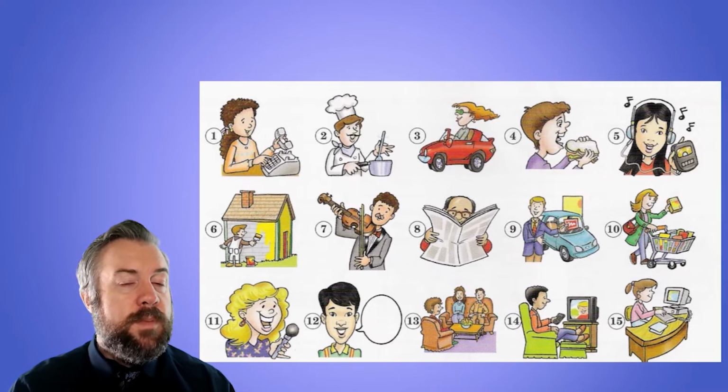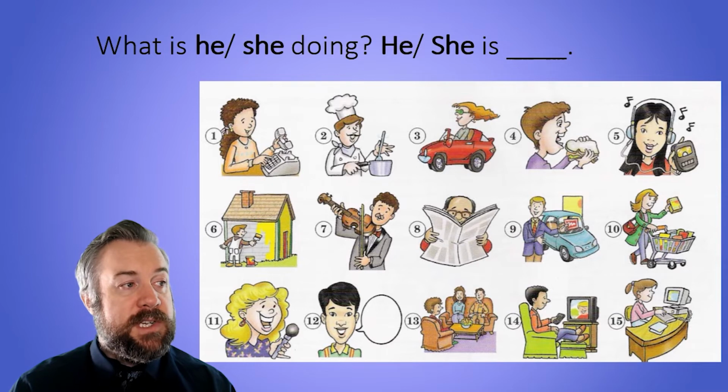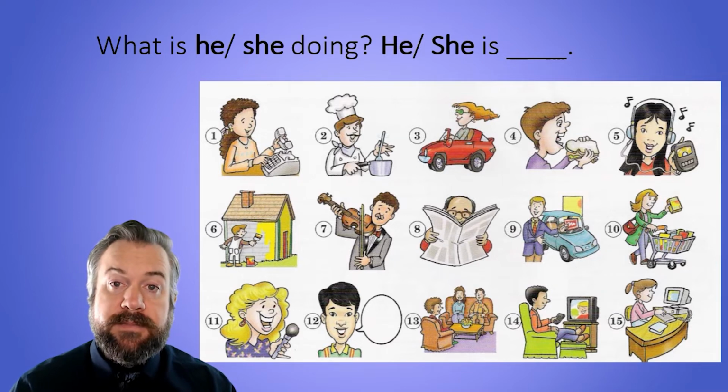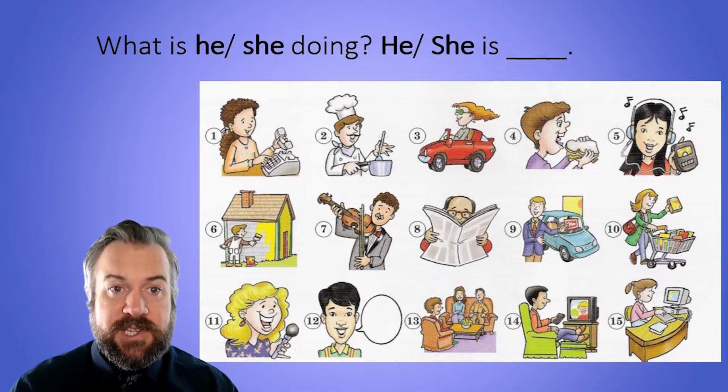The form of the vocabulary that we will be using will be ing, gerund. So we can ask the question, what is he or she doing? And the answer is, he or she is ing.